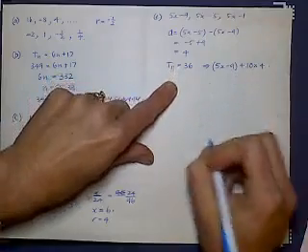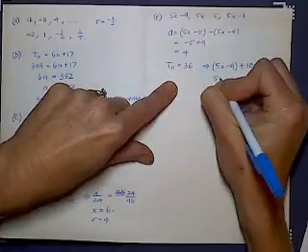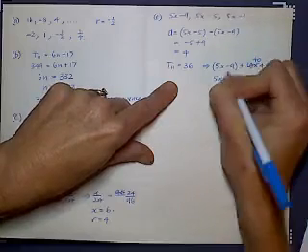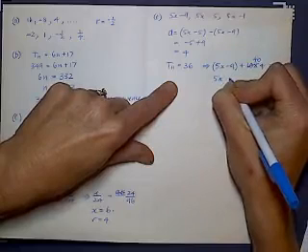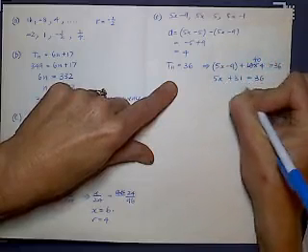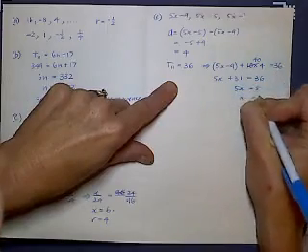And that's equal to 36. So 5x, that's 40. We're going to take off 9, 5x plus 31 equals 36. 5x would equal 5, x would be equal to 1.